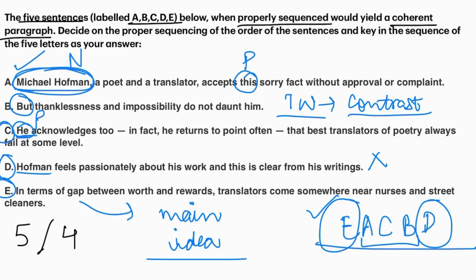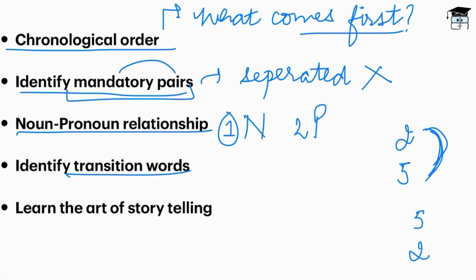Now look at the example that we solved. In sentence B, I told you that we have a transition word that shows us about contrast, right? Now, when we found this transition word, we knew that this sentence cannot end this paragraph. That is what I'm trying to tell you here. You have to find out transition words that will tell you about the correct order of the paragraph.